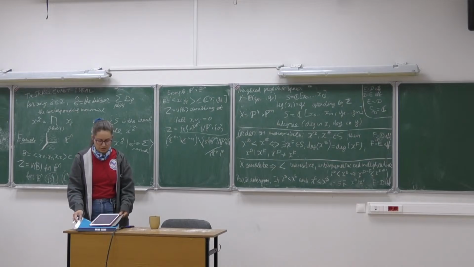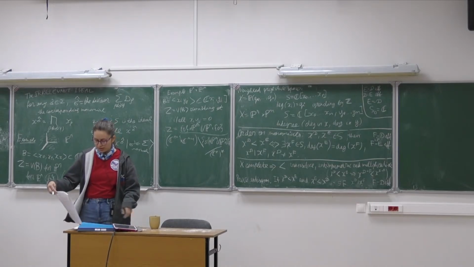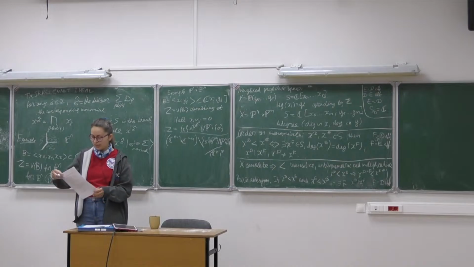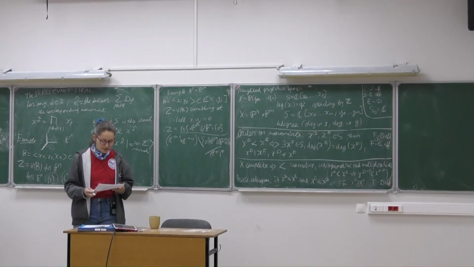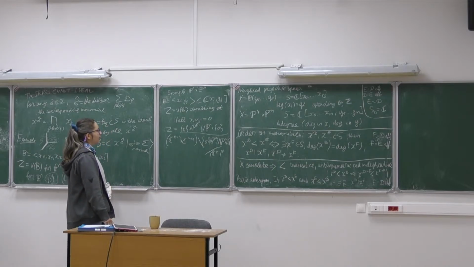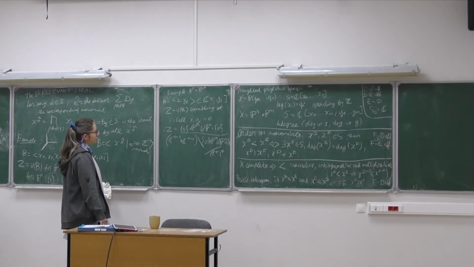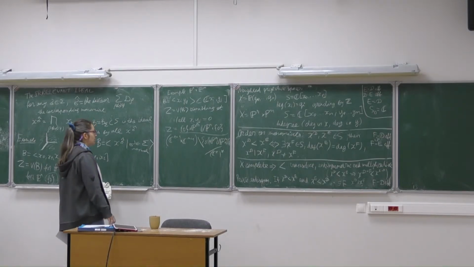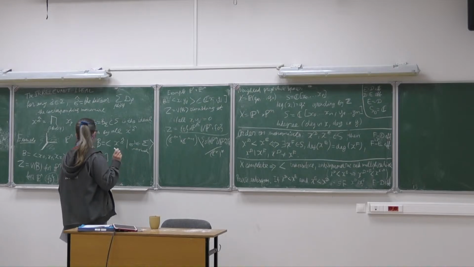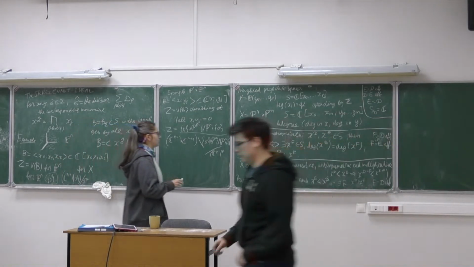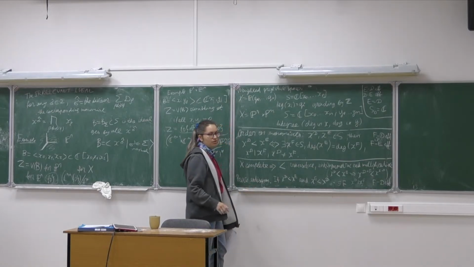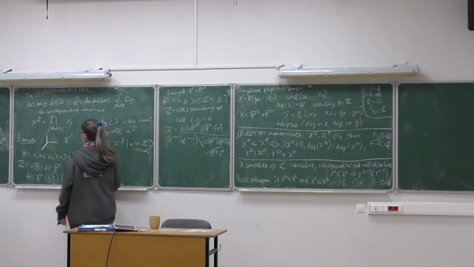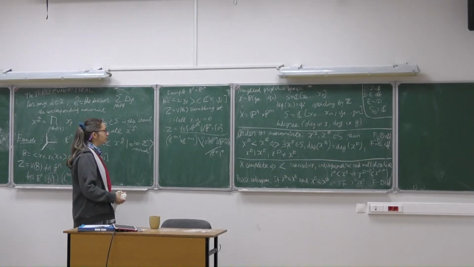What next? I think I will try to explain something about the group which acts. So the accurate statement is, first we need to define the group, and then I will say what is the exact statement about the quotient construction. So this is our example.